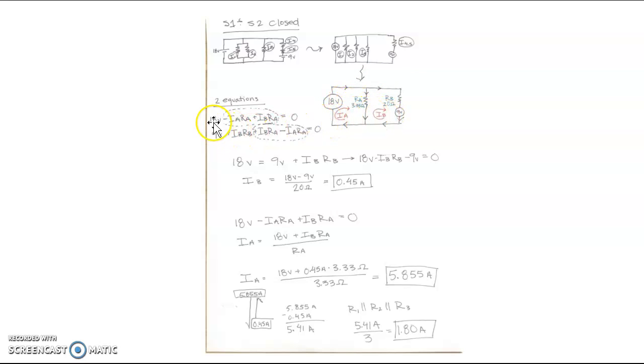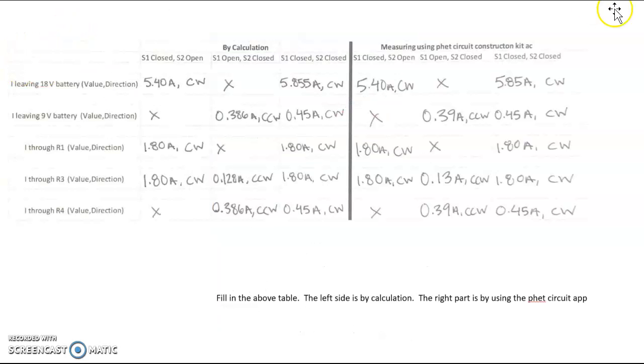And so I set up these equations. I just have to remind myself what I'm talking about. Oh yeah, what the current was through the 18 battery with them closed.